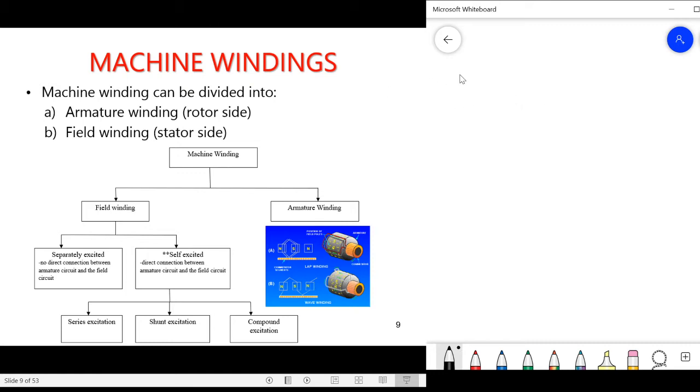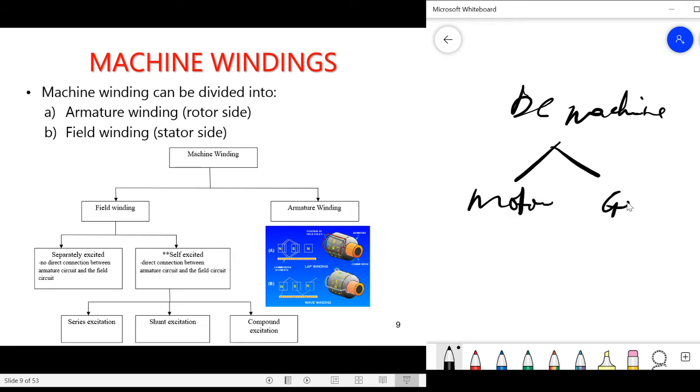Okay. So DC machine. So pecah pada dua. Kita ada motor, generator. So ni ada empat.